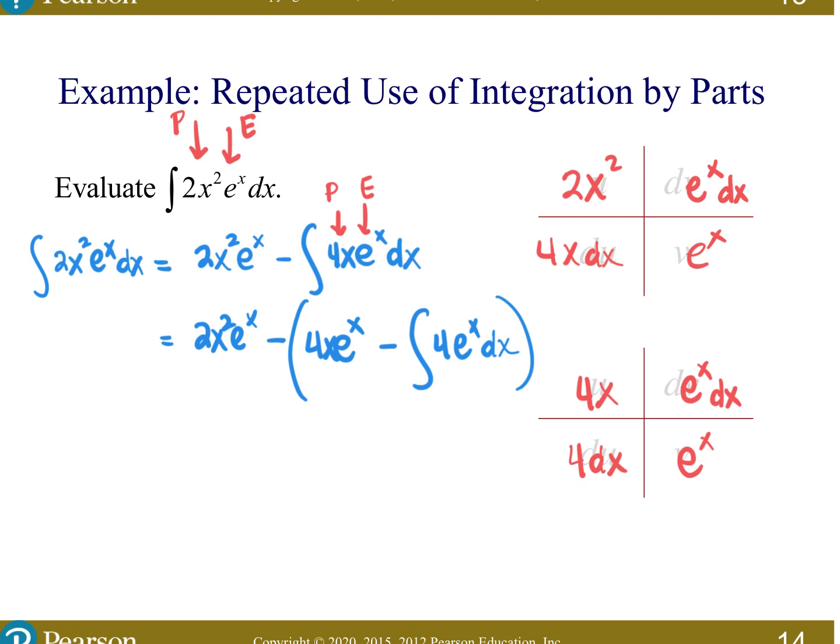I'd really want you to be careful that you distribute that negative sign so that it impacts it. So now I have a plus. And because 4 is no longer a polynomial but a constant, the antiderivative would be 4 e to the x, and then I have my plus constant c. And if I had bounds, the bounds would apply to all three pieces that were produced by integration by parts. But it was that being behind the subtraction sign.